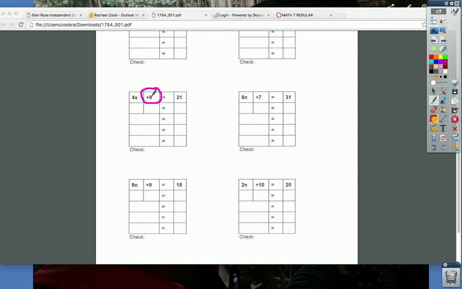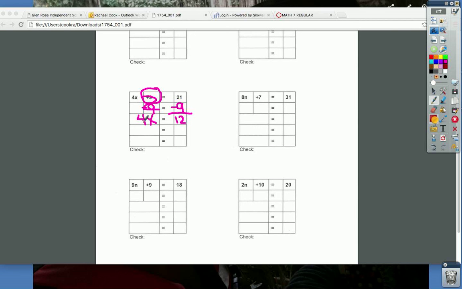The inverse operation, to move it over, we're going to undo it by subtracting 9. And what I do to one side of the equation, I need to do to the other. 21 minus 9 gives us 12. This got zeroed out because we moved it over here. We're just going to bring the 4x down. 4 times x equals 12.